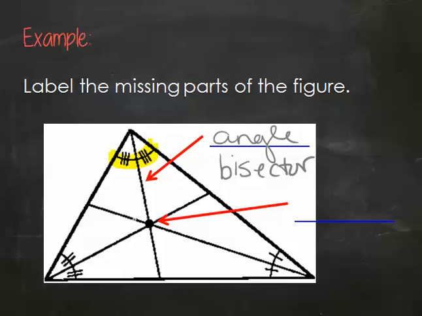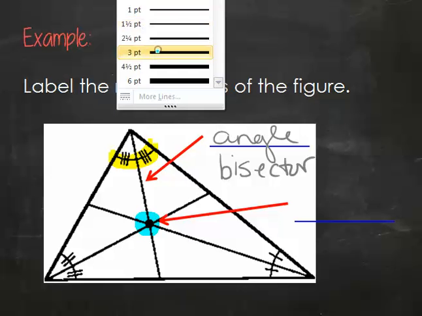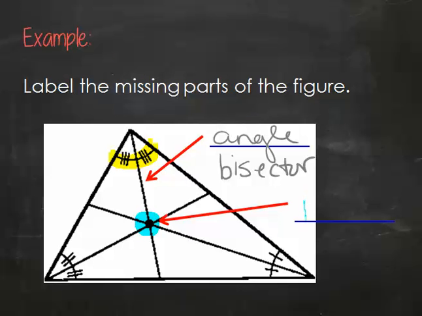The point at which all of those angle bisectors meet is called the incenter. So angle bisector goes with incenter. Median goes with centroid. I'll try to send a graphic organizer out for everybody to have.